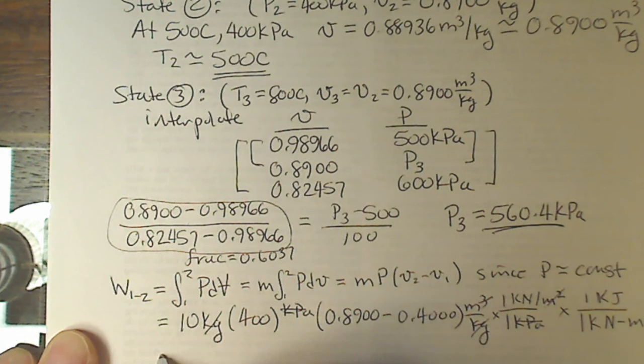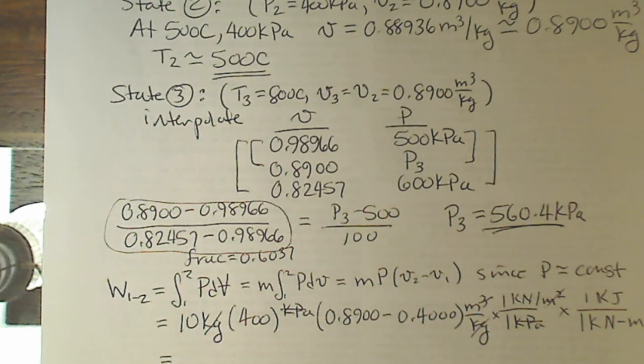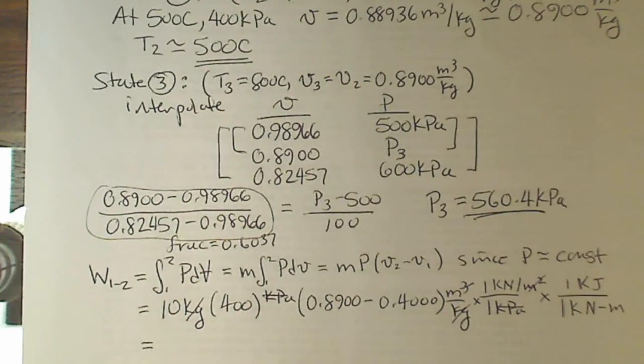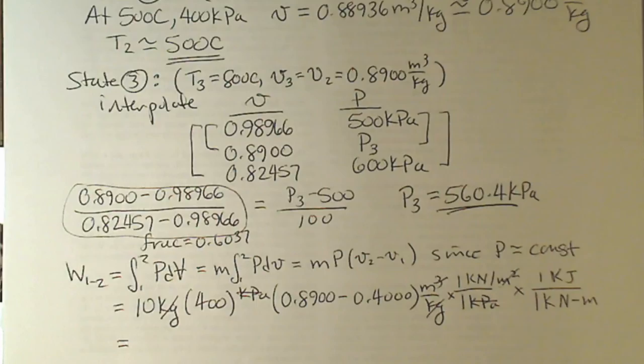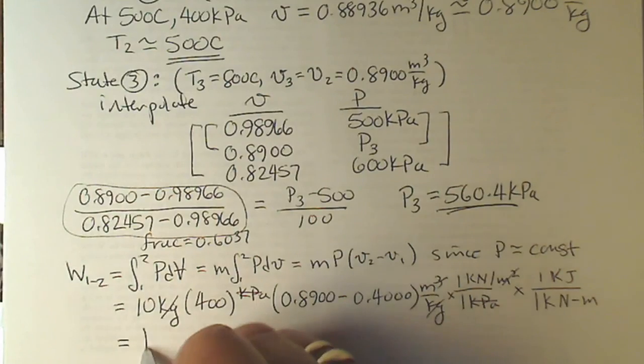So my answer will surface in kilojoules if I can work it out here. Let's see what I've got. So 0.89 minus 0.4 times 400 times 10 equals 1,960 kilojoules.